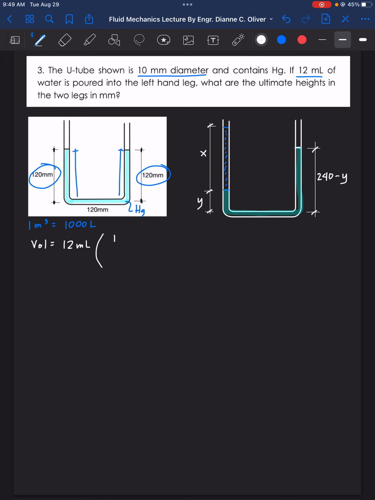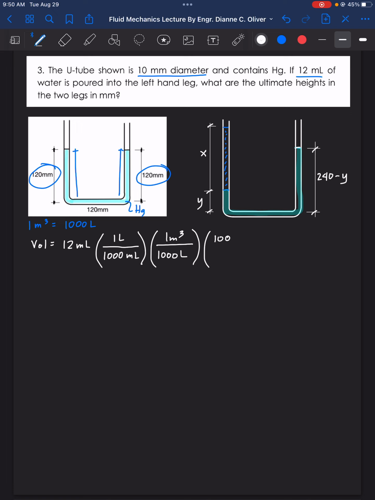We have 1 liter over 1000 ml, and then 1 cubic meter is 1000 liters. And since it's going to be mm, let's convert meter into mm.